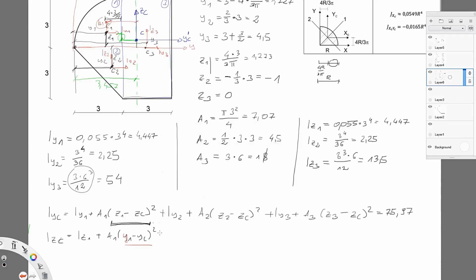Of course, for individual terms, it's the same. Plus I_z2 plus A_2 (y2 minus yc) squared plus I_z3 plus A_3 in parentheses, y3 minus yc squared. It equals. We put this into the calculator, and on the calculator, it elegantly comes out to be 70.49.